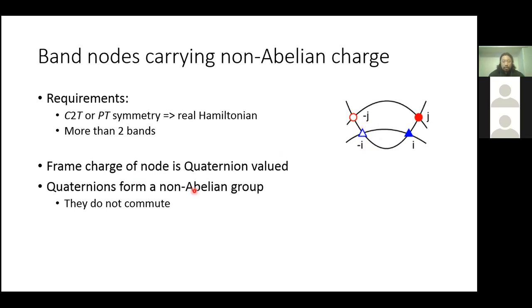This quaternion group forms a non-abelian group, which means the charges do not commute in neighboring bands. So we can get a non-abelian charge carried by these band nodes, as long as we have this symmetry and, at the same time, more than two bands.